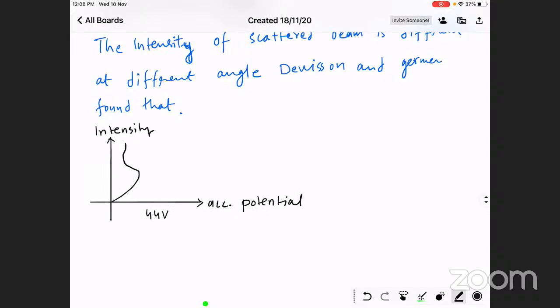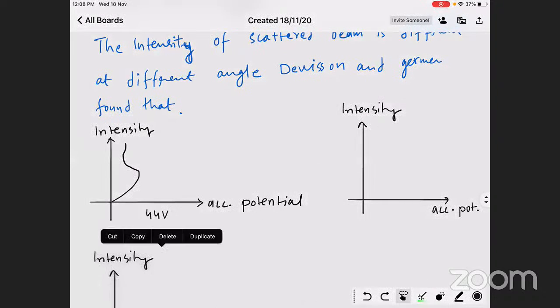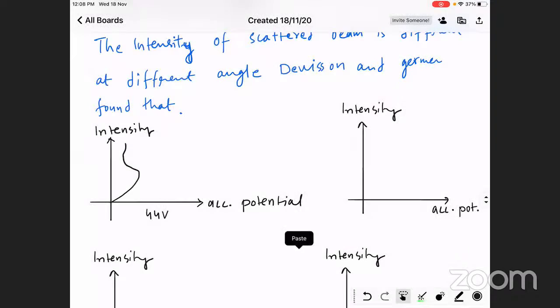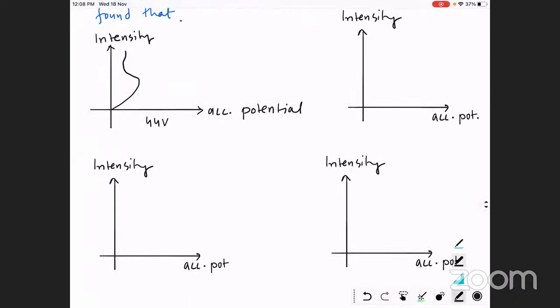When they used 44 volts, they made 4 different graphs.